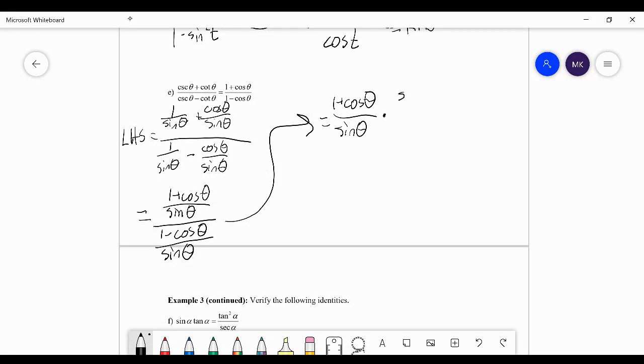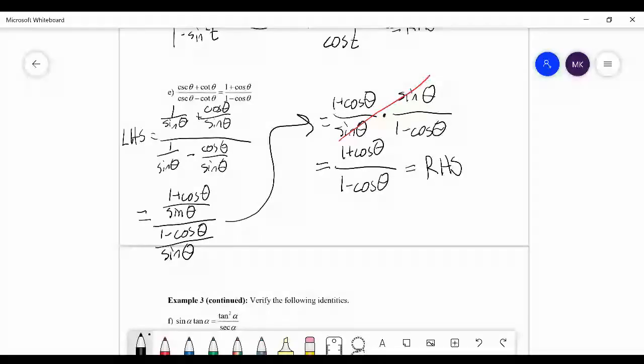So we end up with sine theta over 1 minus cosine theta. And sine thetas cancel. I get 1 plus cosine theta over 1 minus cosine theta, and that is our right-hand side.